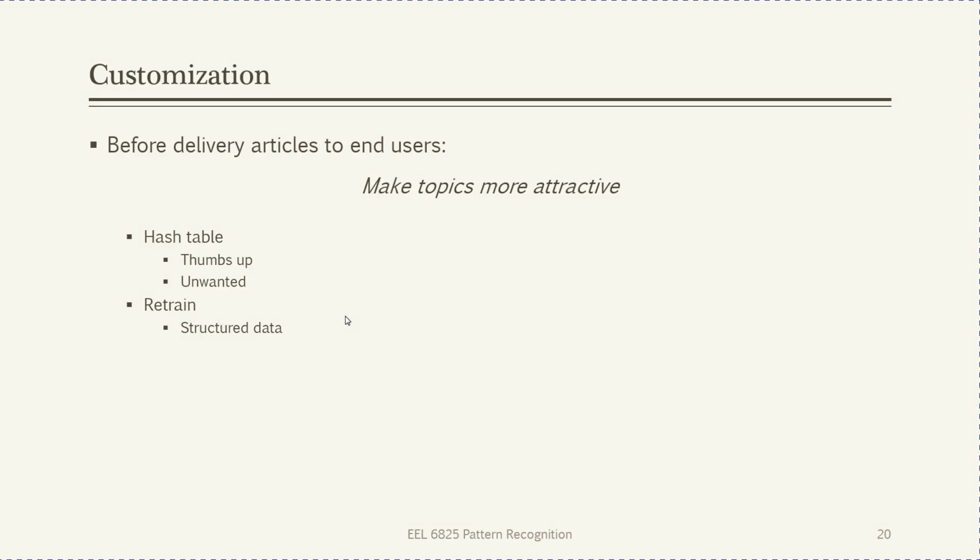If the user unfortunately gives a thumbs down about the articles, we will let the system know that this is unwanted data, and perhaps next time we will filter out that particular kind of article to make the users satisfied. Again, here we want the retrain process to feed back to the previous step.